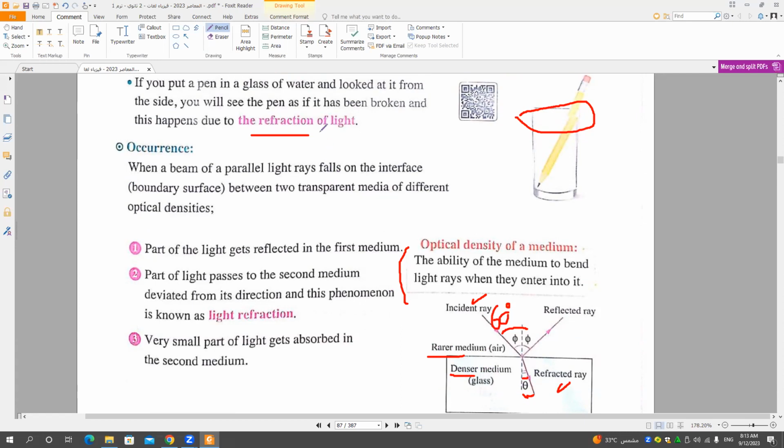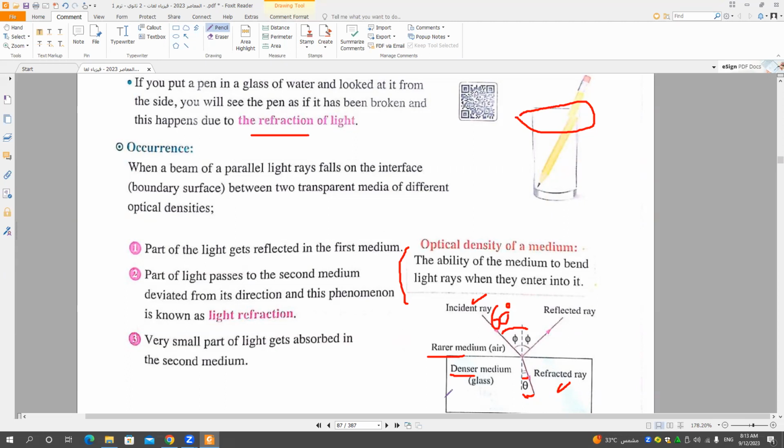The conditions needed to make light refraction are a change of light direction or speed of light from one medium to another. We have a new physical quantity called optical density. Optical density of a medium is the ability of the medium to refract or bend or change the light direction inside it.